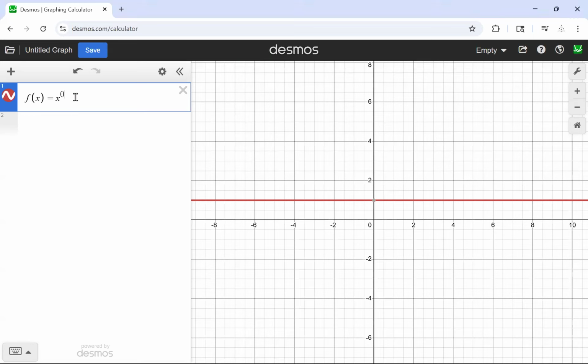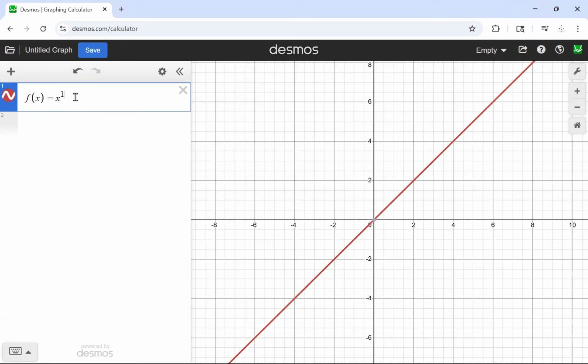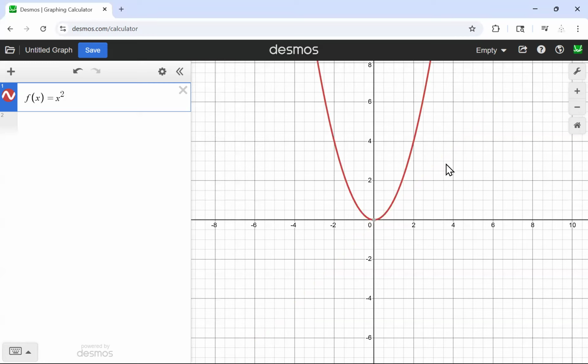If I put in x to the 1st power, then I get a line through the origin. If I go x squared, I get a parabola. X to the 3rd, well, that gives me the shape of my basic cubic function.